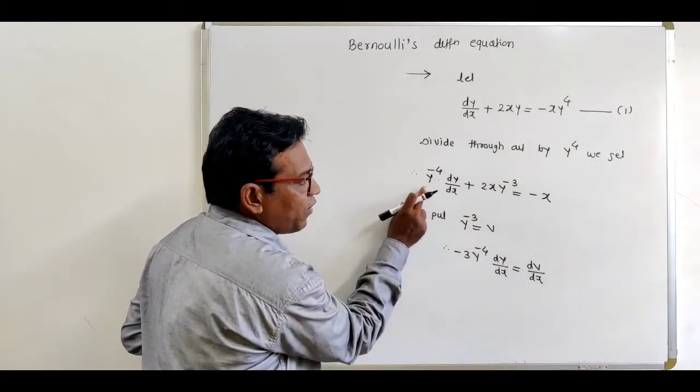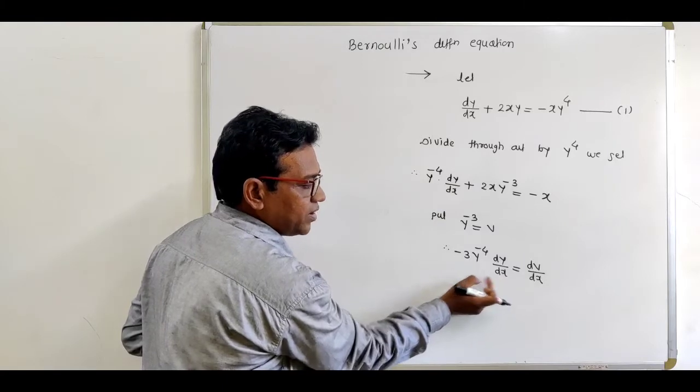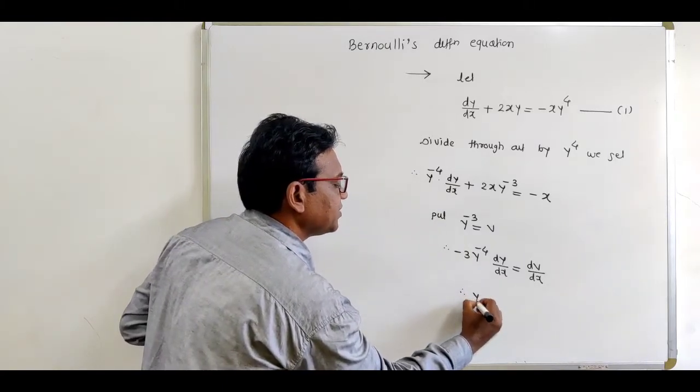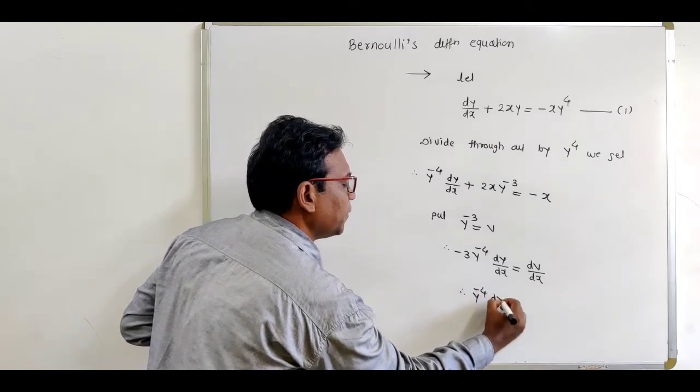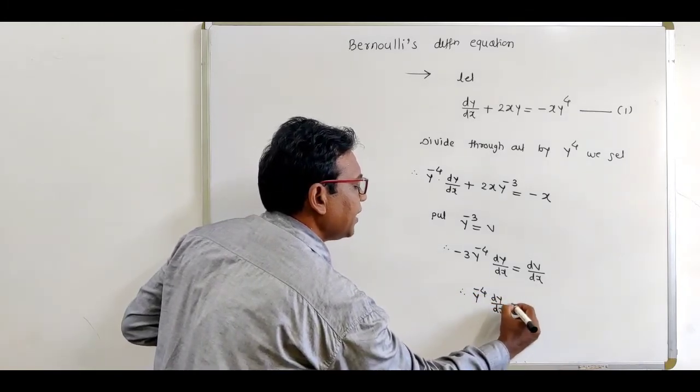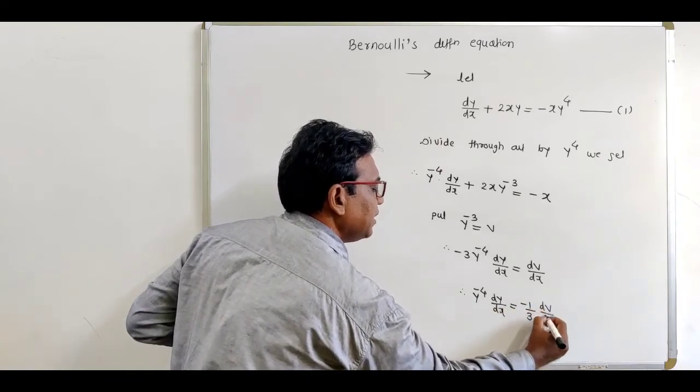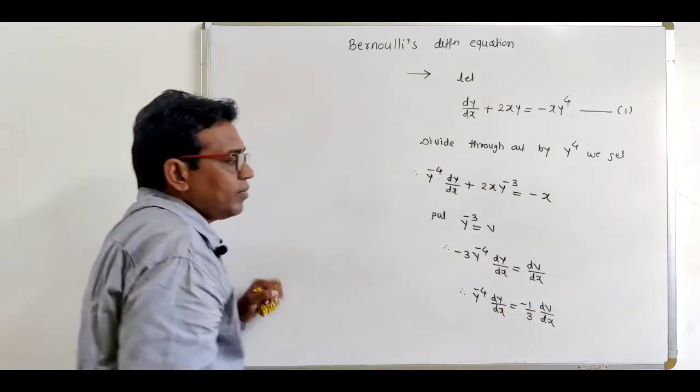We require this term y raised to minus 4 into dy by dx, so just divide by minus 3. So we get y raised to minus 4 into dy by dx is equal to minus 1 upon 3 into dv by dx.